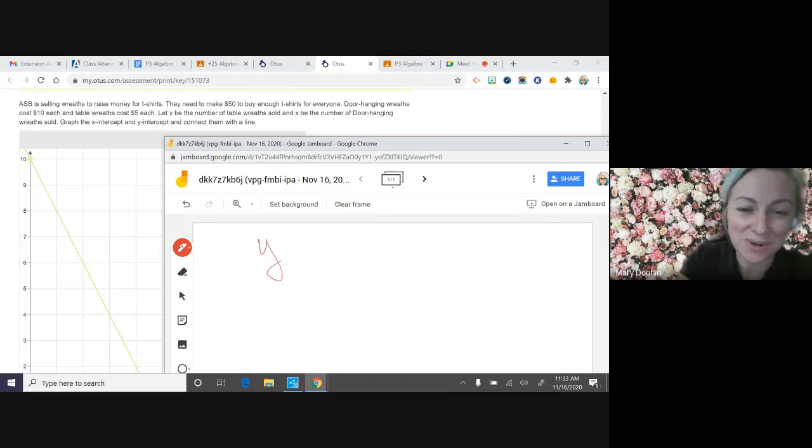So, okay, we have an equation, and I feel like it's standard form. Y is the number of table wreaths, which are 5y plus 10x, and we want that to equal 50.